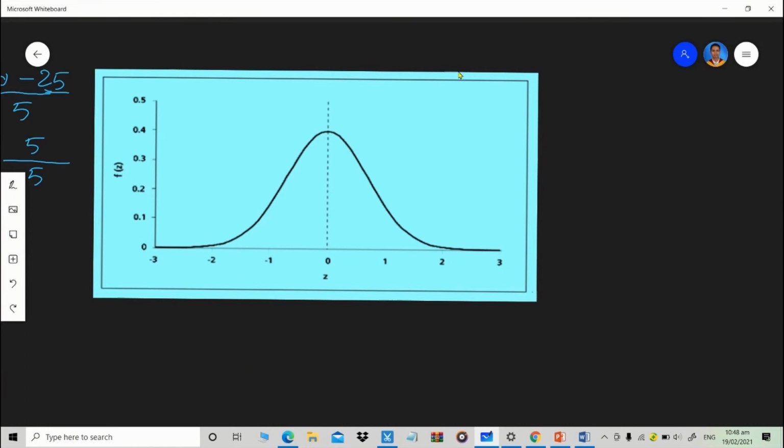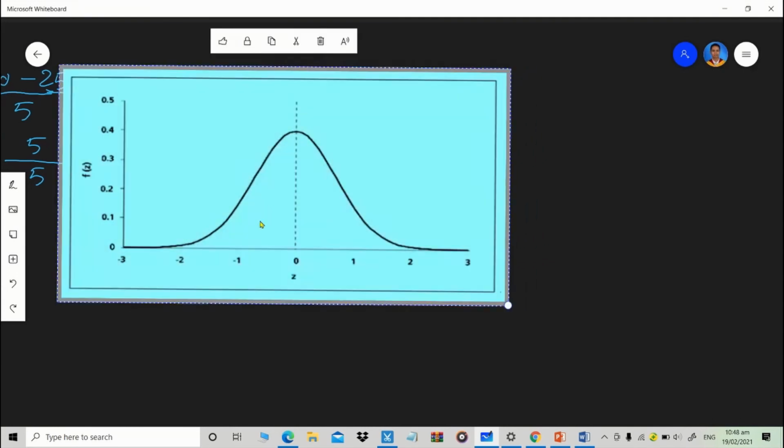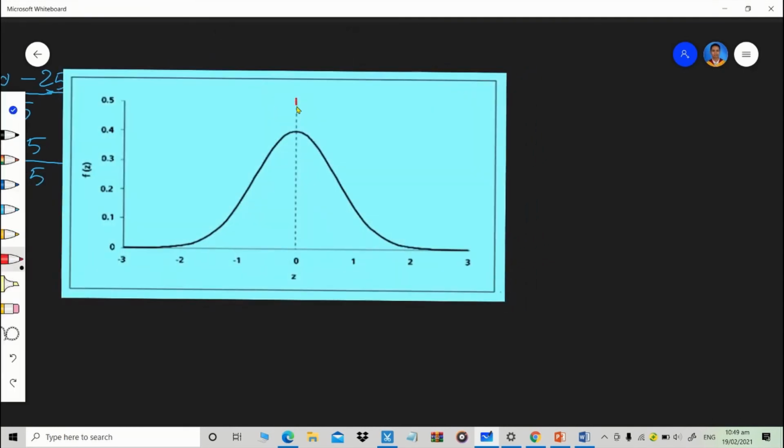Kapag yung value ng z-score natin is less than 0, that represents an element less than or below the mean. Okay? Take note, yung nasa center na line dito, yung nasa gitna na linya, yan yung mean natin.